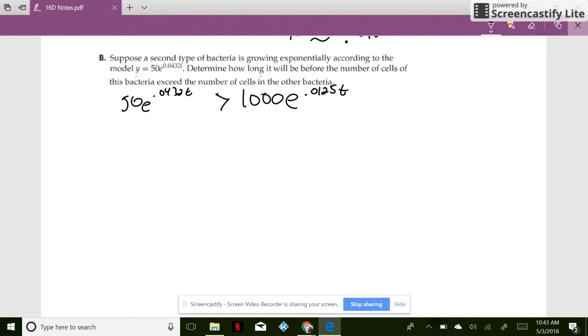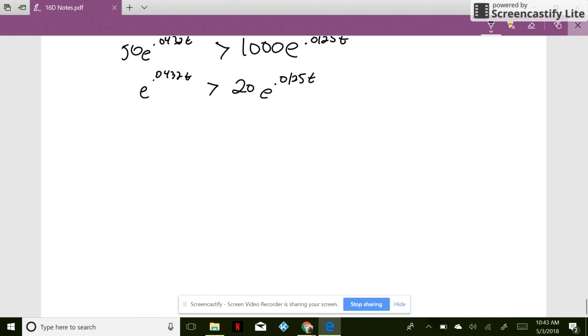So I'm going to divide both sides by 50 so that I get a whole number on the other side, 20 e to the 0.0125t. Wow, now when we take the natural log of both sides, over here we're just going to be left with our exponent. When I take the natural log of both sides here, I'm taking the natural log of a product.